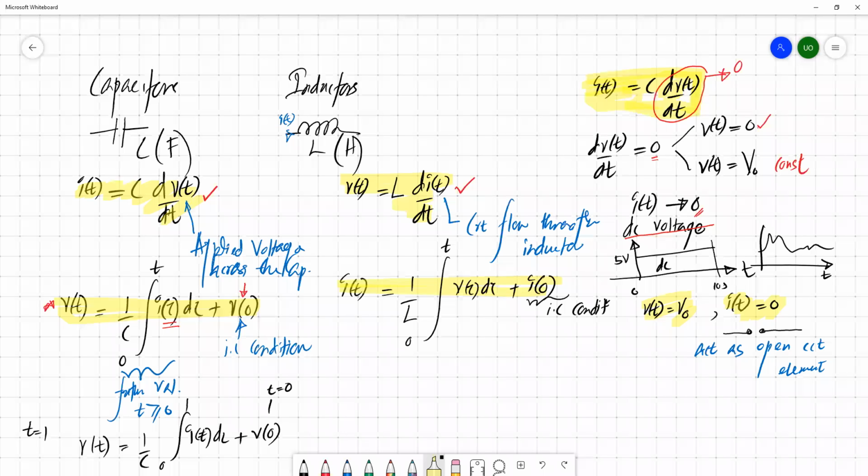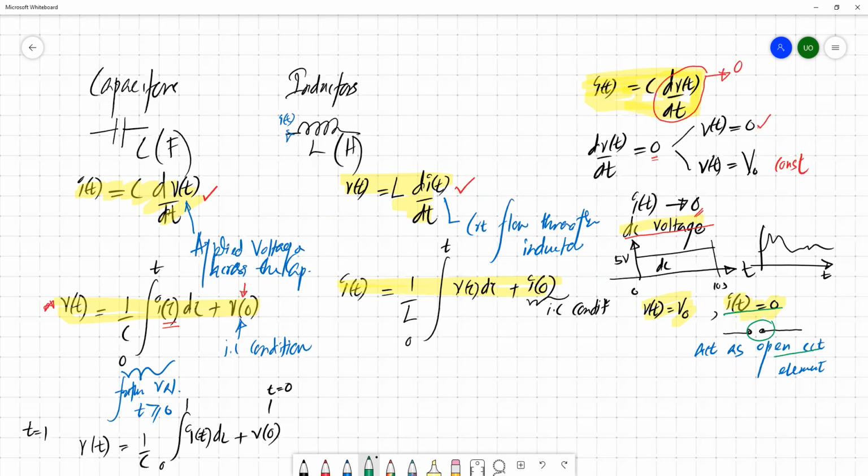So if you apply a DC voltage, you can't see any current flow through the capacitor, and then you can model it as an open circuit element. This is very important once you simplify a circuit in the DC domain.